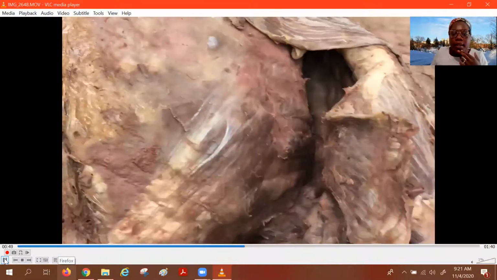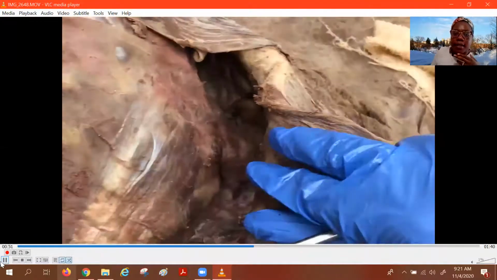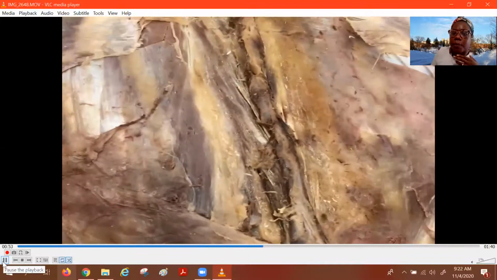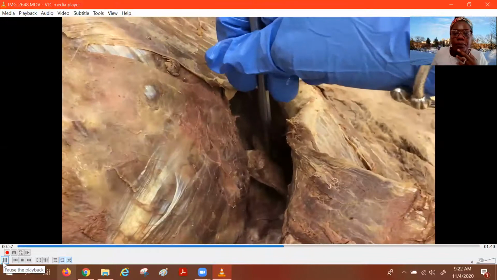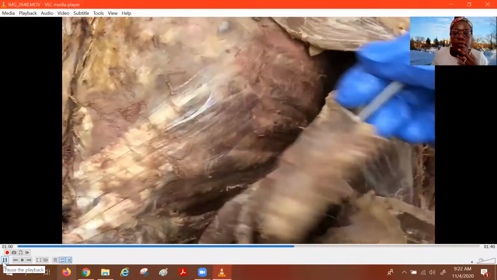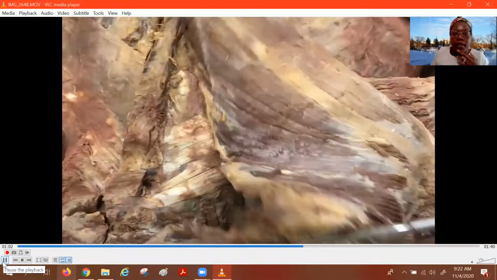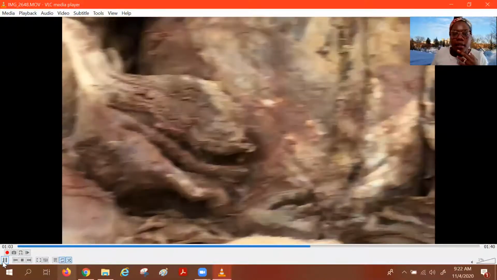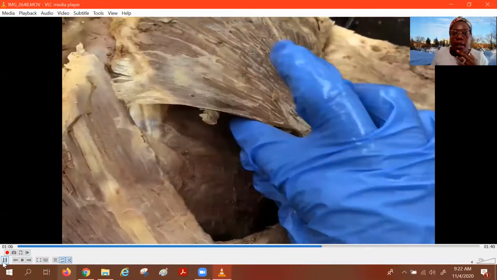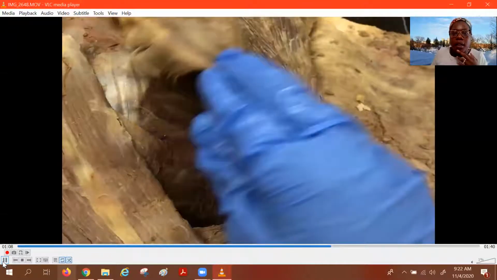And then again, rhomboids there, we can reflect the rhomboids and look at the subscapular fossa, which has the subscapularis muscle. There we go. And then that's the trapezius again on the left. Here's latissimus dorsi along the flank.